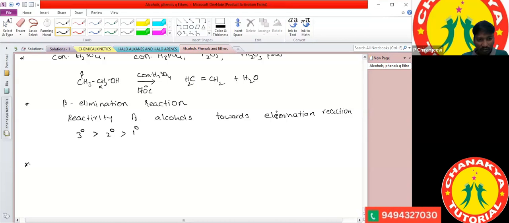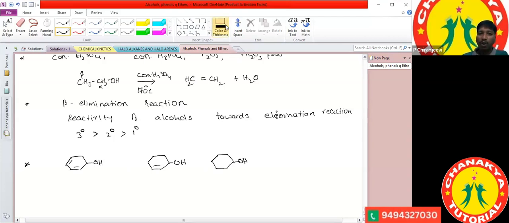Right. So one more example here. Here, three different alcohols are there.